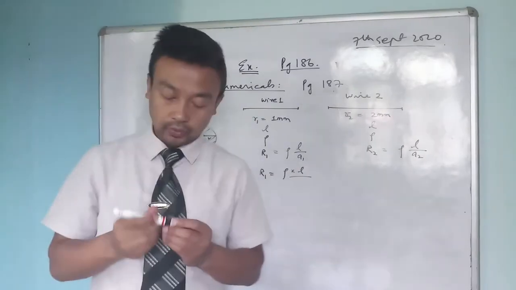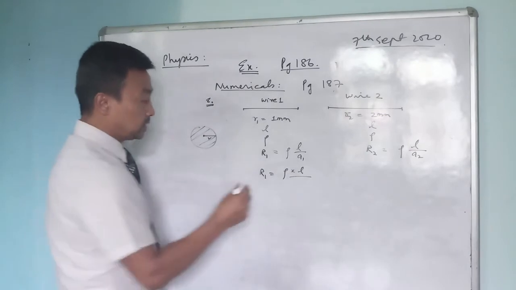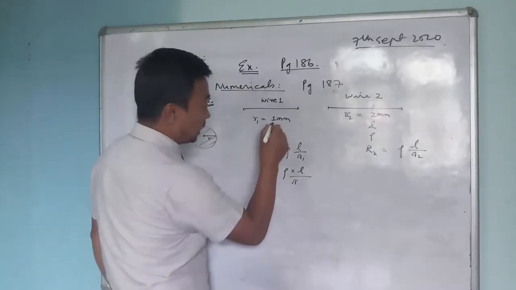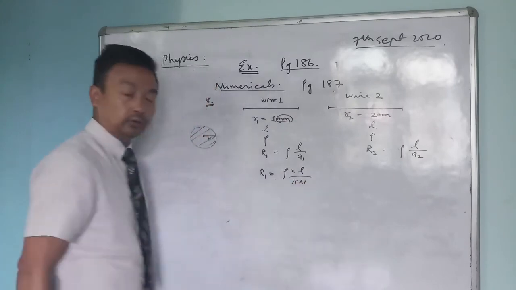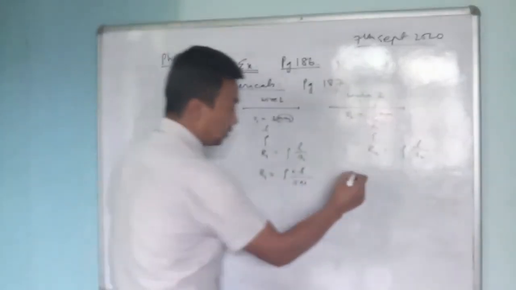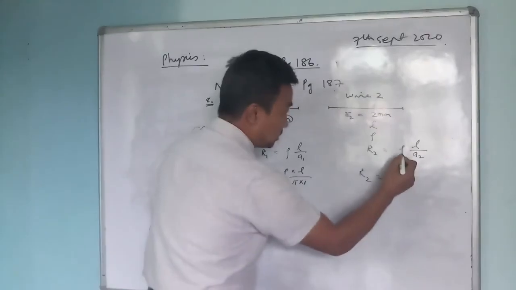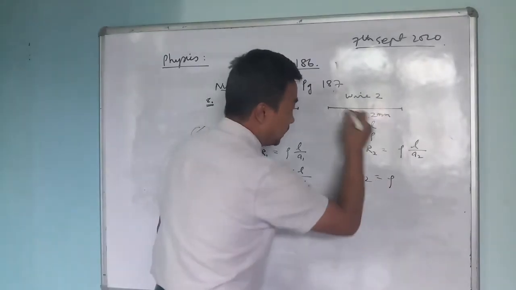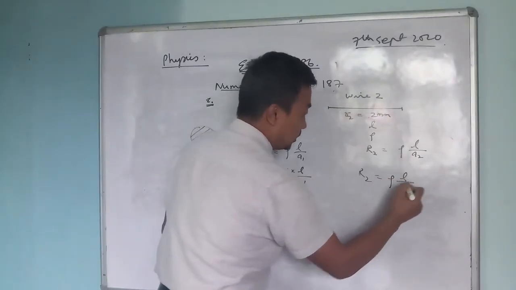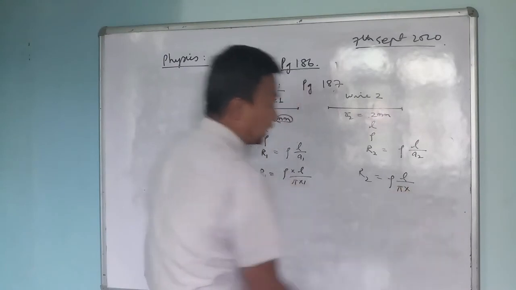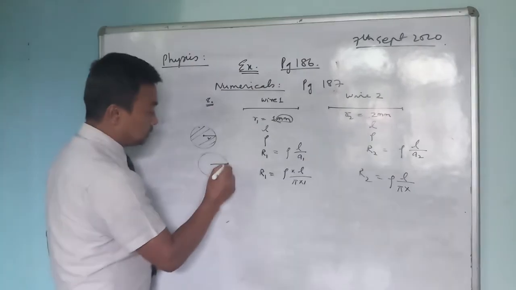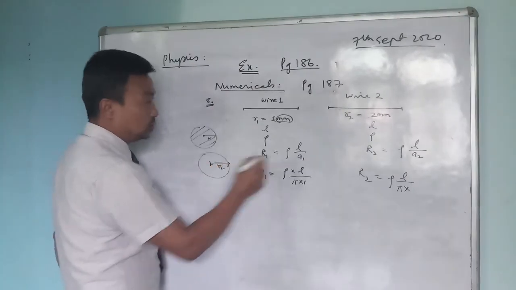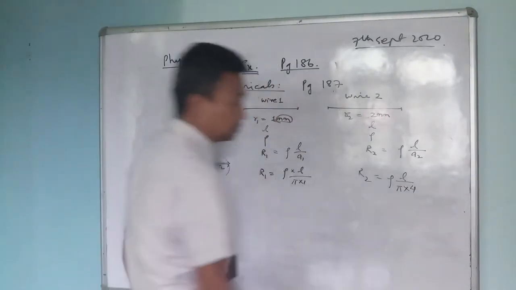It is a circle, and we know that the area of a circle is pi r square. R is 1, so 1 square is 1 only. The specific resistance is same, the length of the wire is also same, area is pi r square, but here the radius of the second wire is more, 2, so 2 square is 4.